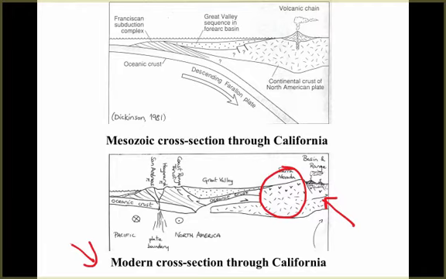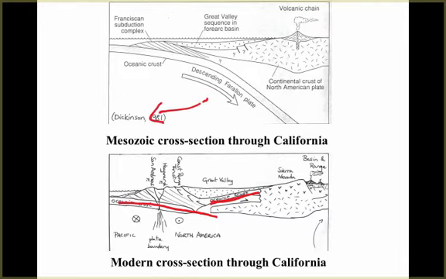We have this remnant oceanic crust underplating everything, including oceanic crust beneath the Great Valley, that's part of a period when the subducting Farallon plate retreated and took a step back during the Mesozoic.